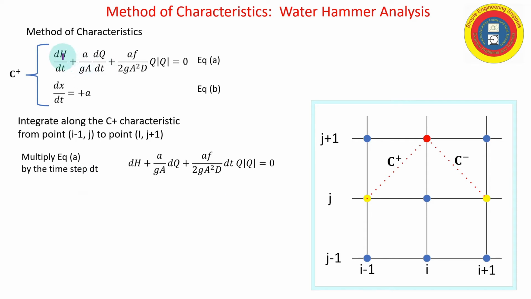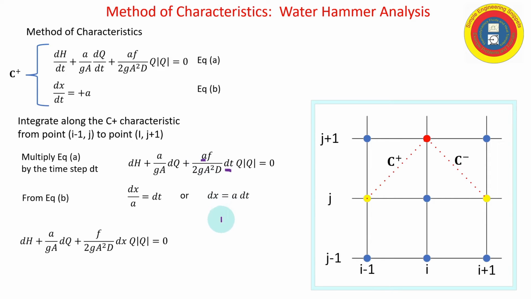So now I've gotten rid of the differentials with respect to time, but I am still left with a dt. But looking at the second equation, I can manipulate that, and I see that the celerity times dt, which I have in this last term here, is equal to dx. And so I can replace that with dx.